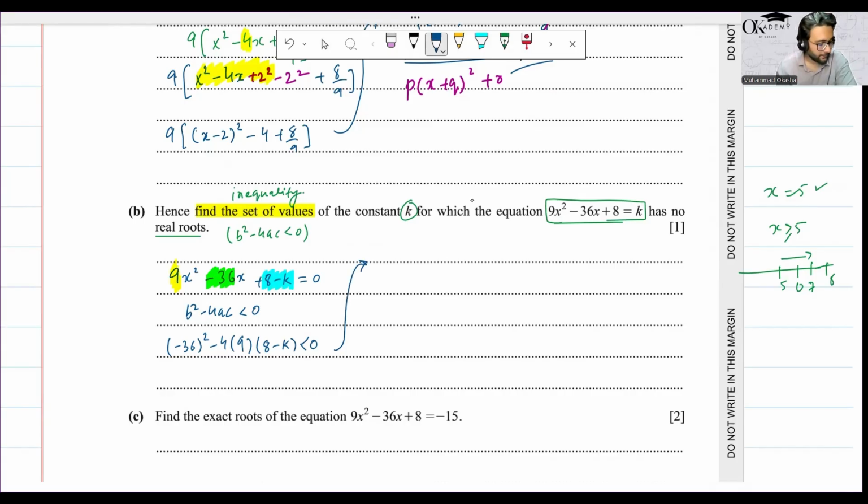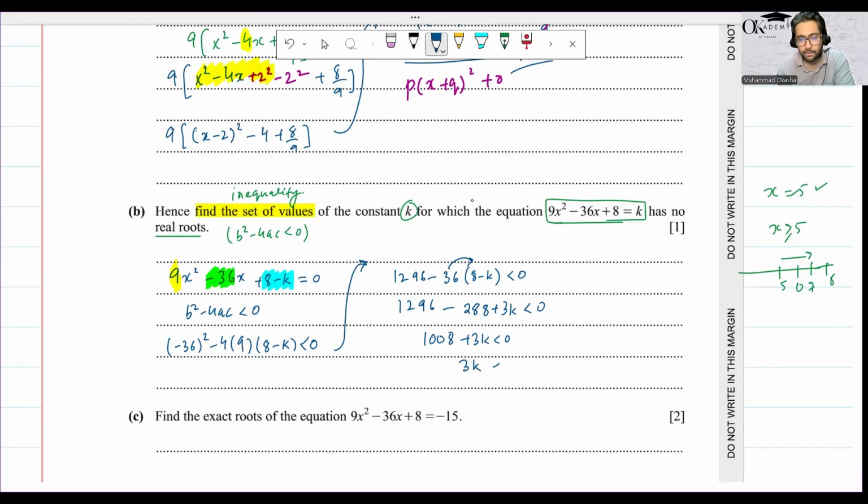Negative 36 squared is 1296 minus 9 times 4, which is 36, times 8 minus k, less than 0. If I multiply 36 by 8, I am going to get negative 288 plus 36k less than 0. 1296 minus 288 gives me 1008 plus 36k less than 0.